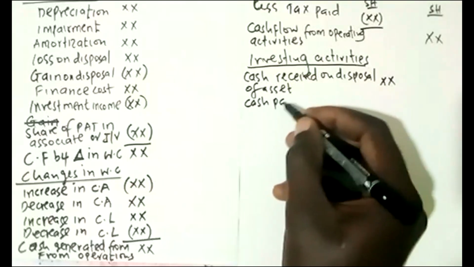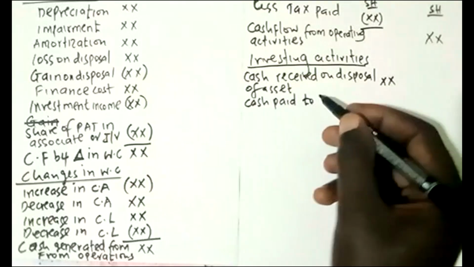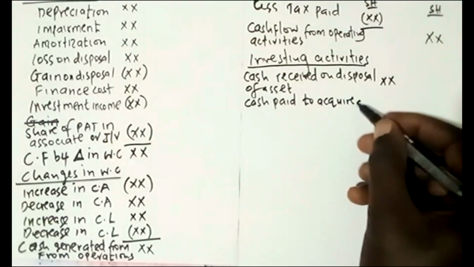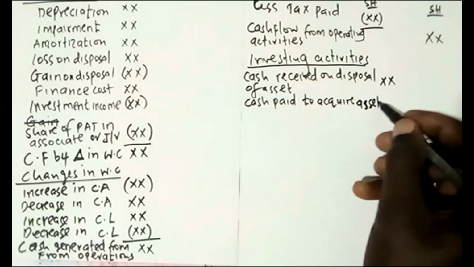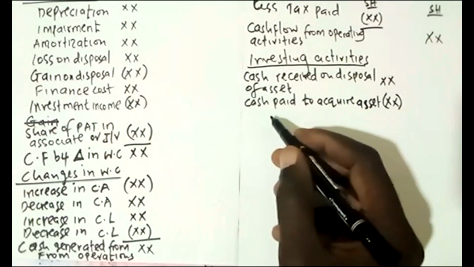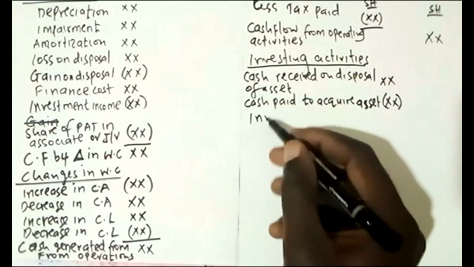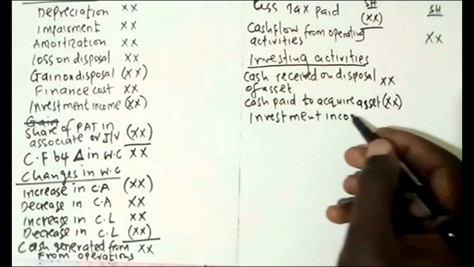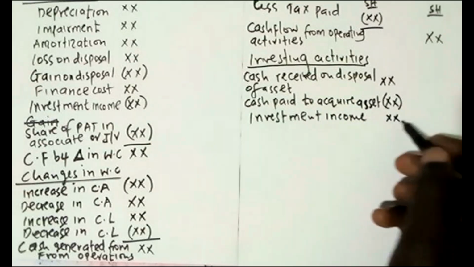We have cash paid to acquire asset. Then after this, we talk about investment income.